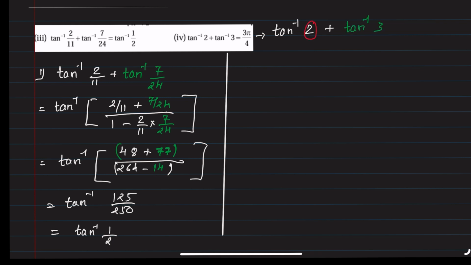Now the multiplication of 2 and 3, that is xy, equals 2 into 3 equals 6, which is greater than 1.